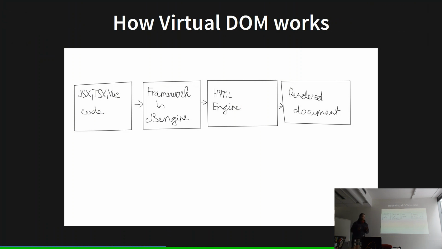When you have code in JS6 and the other two formats, it will be passed to the JS engine and the framework. Then it will be processed, and nodes that would normally be created by the browser are created there and then passed to the HTML engine, and at the end of the day we have a rendered document.